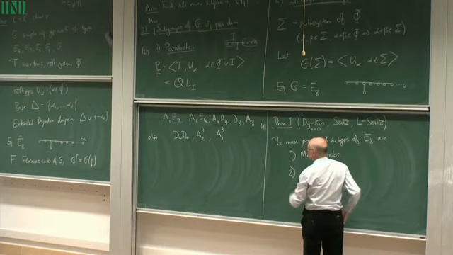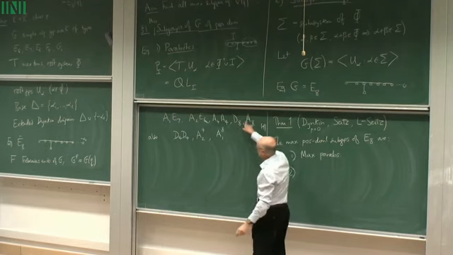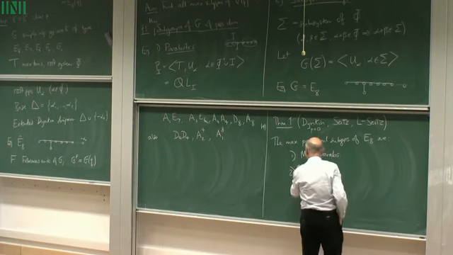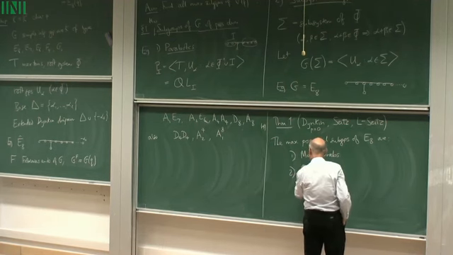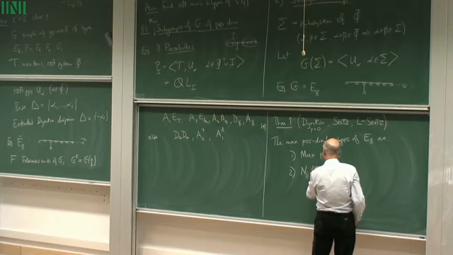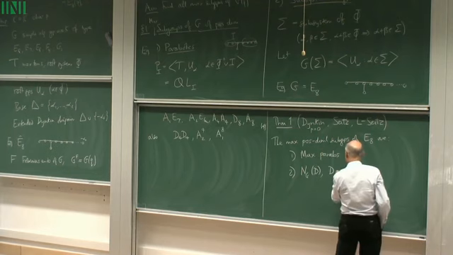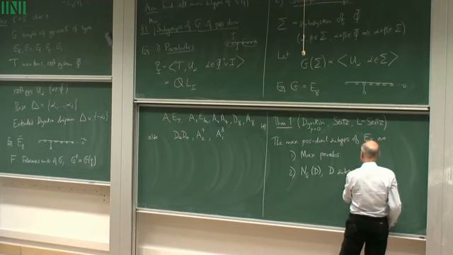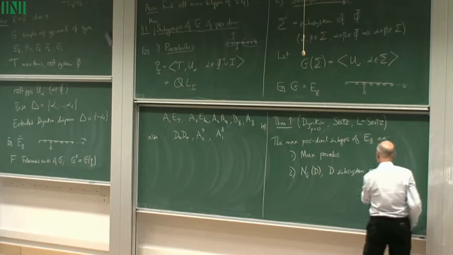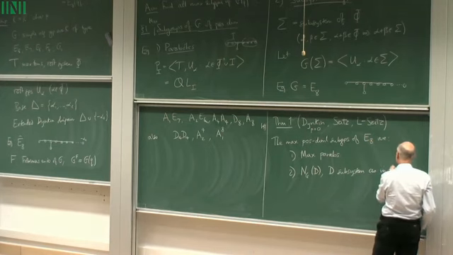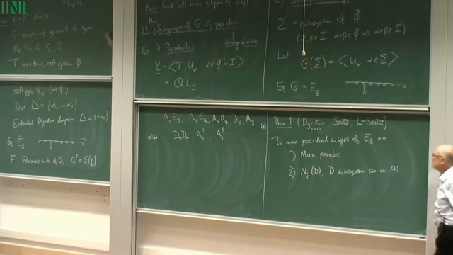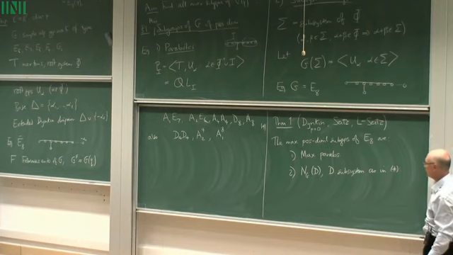Subsystem groups. So this is the list, actually. If you take the normalizers of these subsystem subgroups, that's the full list of maximal subsystem groups.